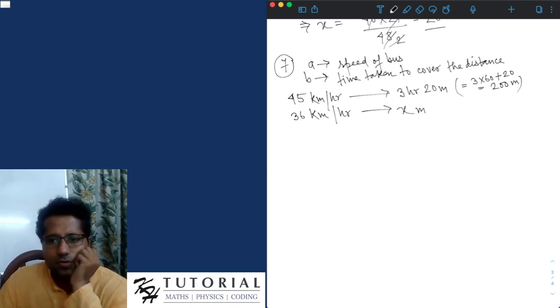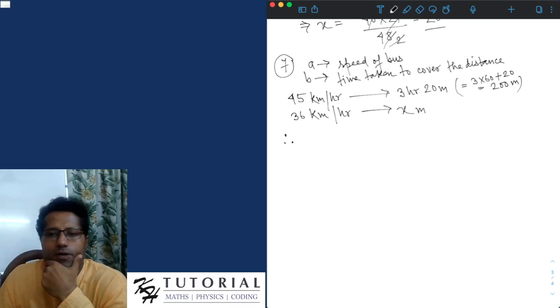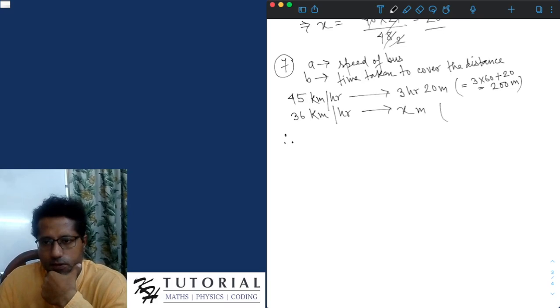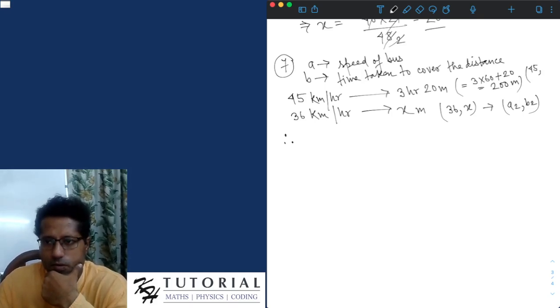Okay, so now we can say that since A1 B1 will be equal to A2 B2, over here 36 comma x is the values of A2 B2, and over here 45 comma 200 is the values of A1 comma B1.